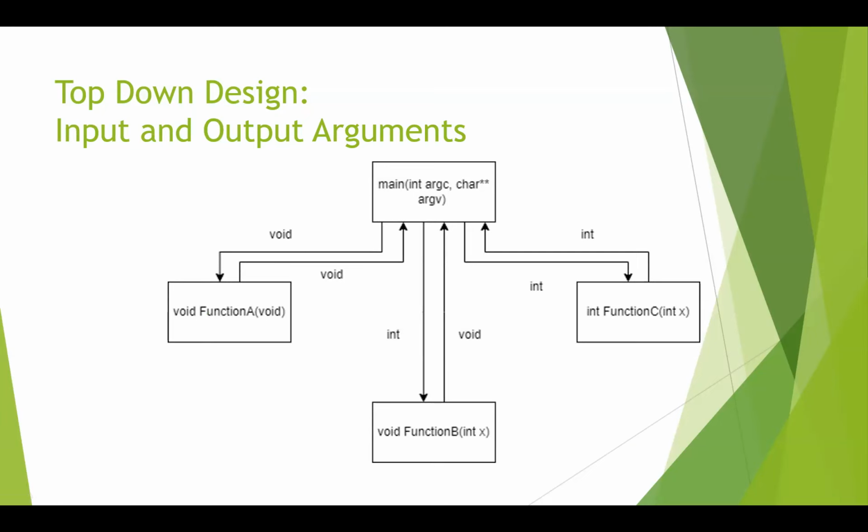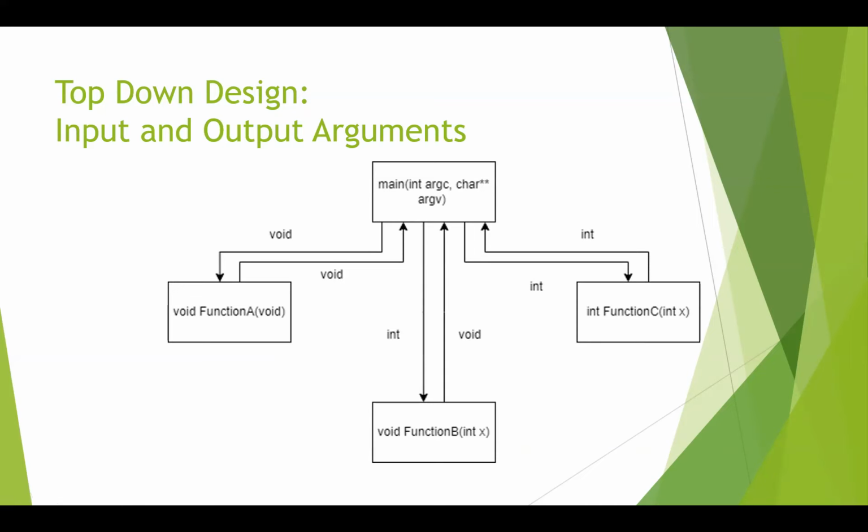Basically, it says it's a way of saying that it does not accept any input arguments. It doesn't need any information to run. And likewise, it returns nothing. That's the return void here. In other words, basically, it accepts no input arguments and it returns no output arguments.